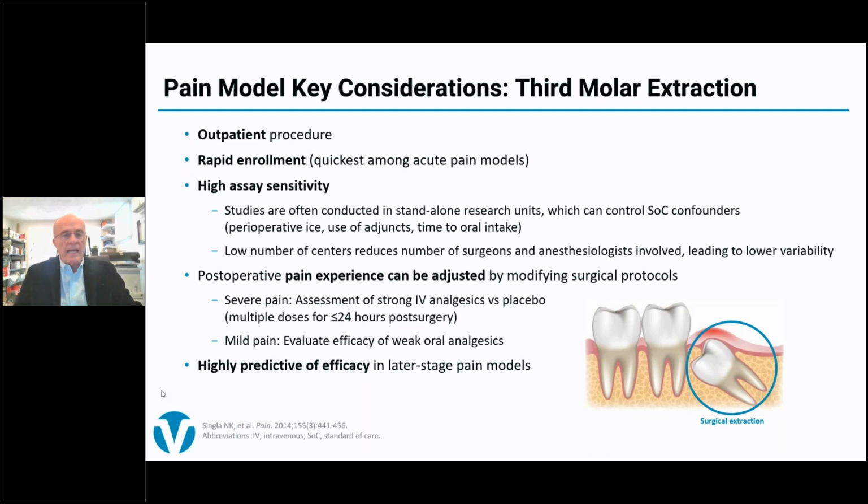But it is highly predictive of efficacy in later stage pain models, and that's why it's so commonly used. It's very useful in matching PK/PD. It's useful for onset of analgesia and to get a signal of its potential efficacy if the protocol is written well. Next slide.